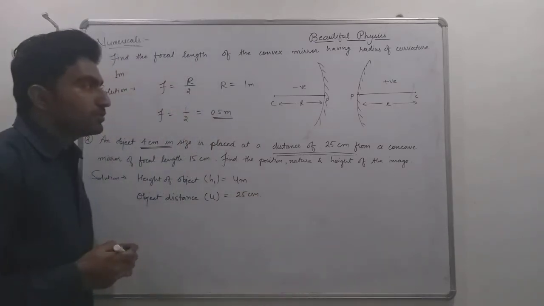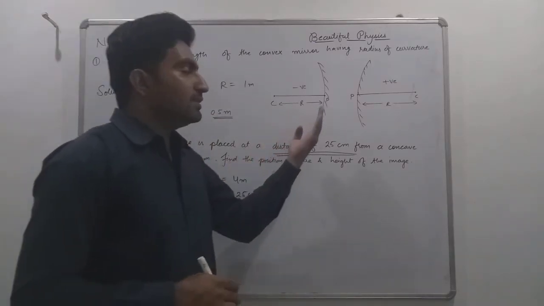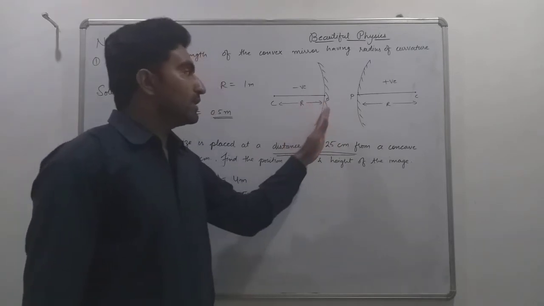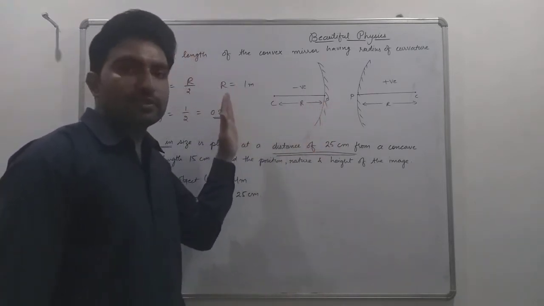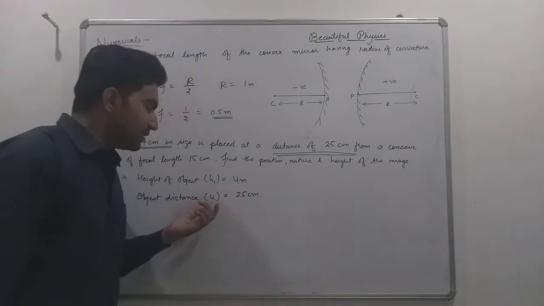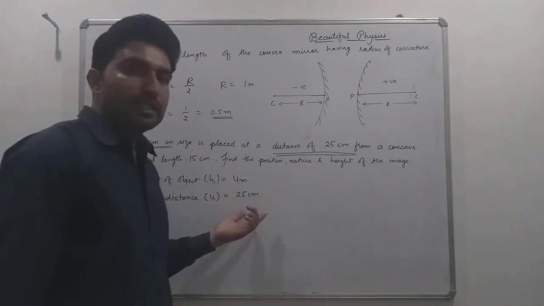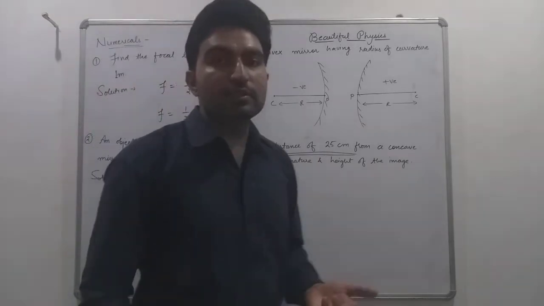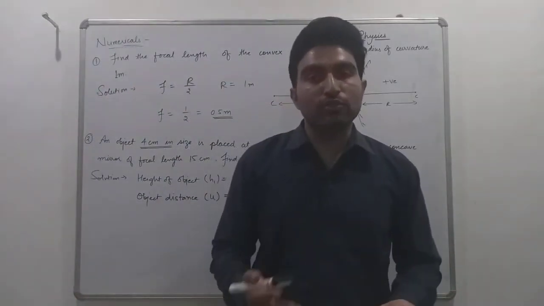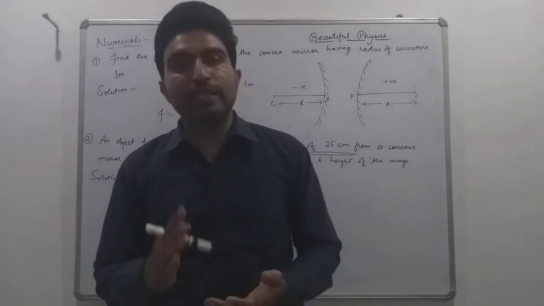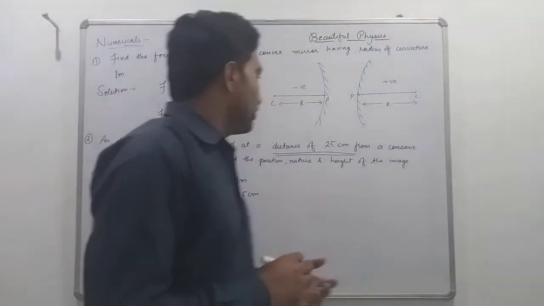One more thing, students: object distance is always negative because the object is always placed towards the left side of the mirror. You don't have to confuse yourself about whether the distance of the object is taken positive or negative. The distance of the object is always negative.